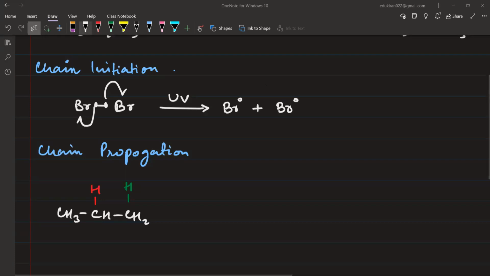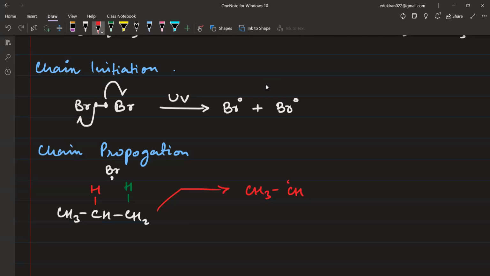Now, the Br free radical can attack either this one or this one, any one of them. So I am going to show them in separate cases. If the Br attacks the red hydrogen, it takes away the hydrogen and you are going to get CH3 followed by CH with the free radical here, and CH3 as it is.